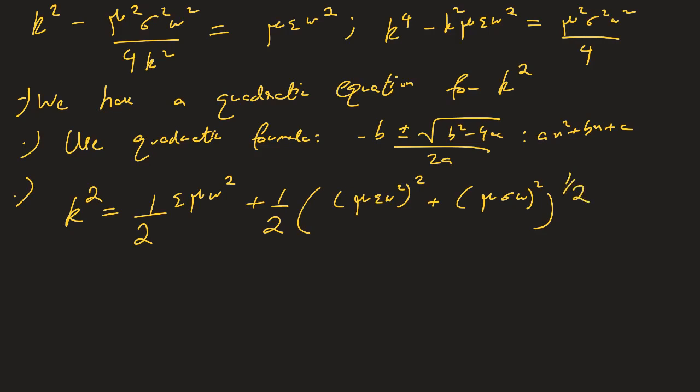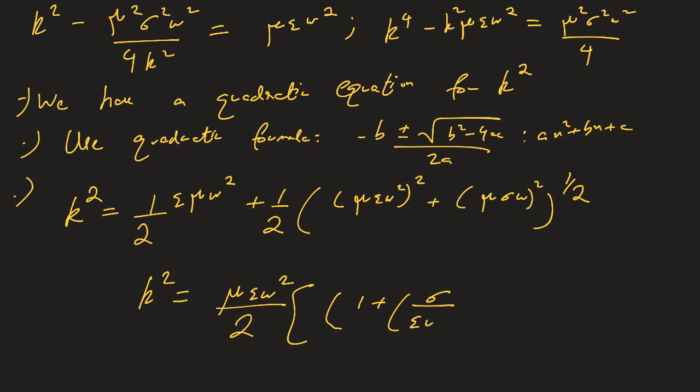And if you rearrange this a bit, you get that the real part of k tilde, which is k, so k squared is equal to mu epsilon omega squared over 2 into the square root of 1 plus sigma over epsilon omega squared whole, plus 1.